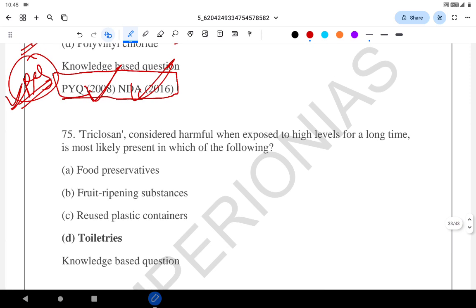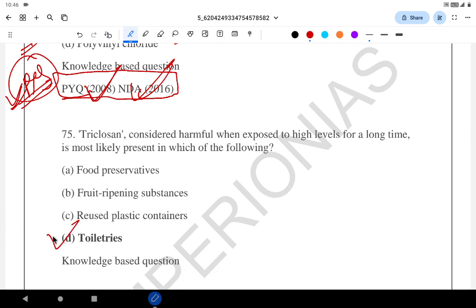Triclosan, considered harmful when exposed to high levels for a longer time, is most likely to be present in which of the following? See, triclosan is mainly an antimicrobial chemical. It's used mainly in toiletries.